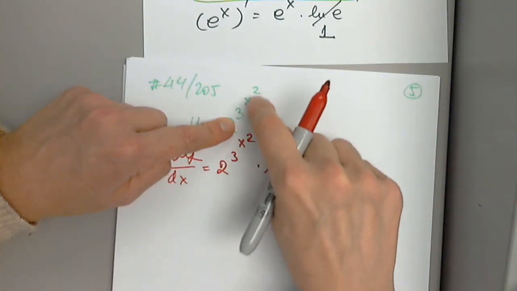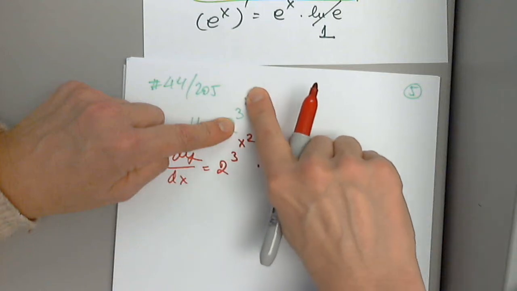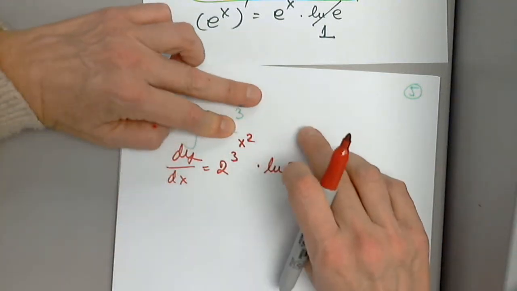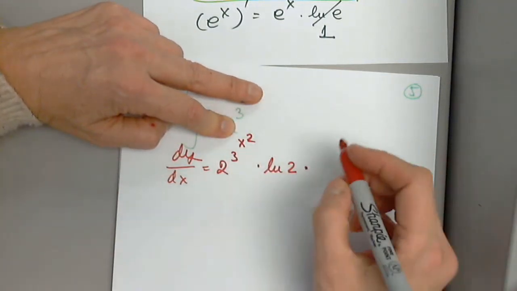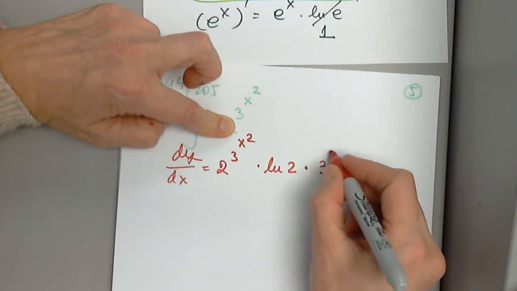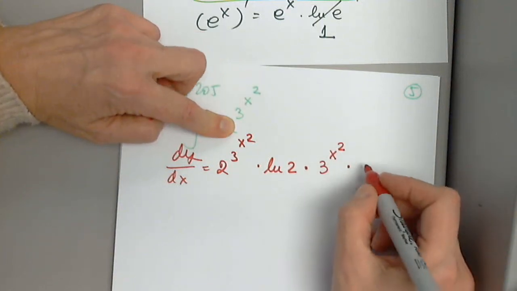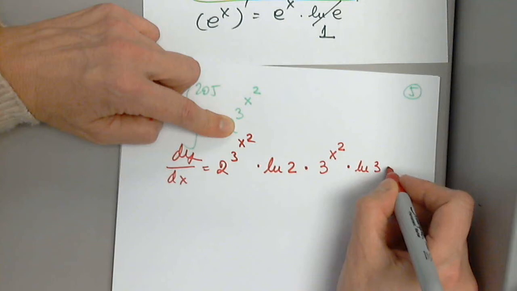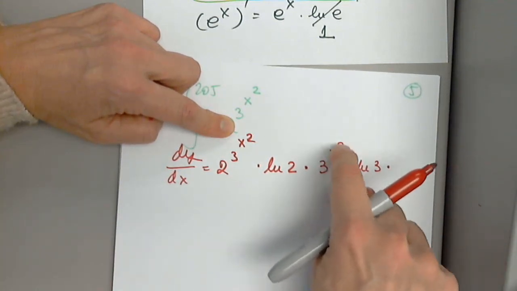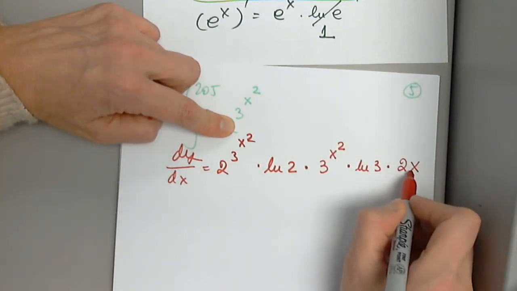But how do I differentiate 3 to x squared? Now forget about this. So now we have 3 to a power. So it's 3 to x squared times natural log 3, but times the inner function prime, 2x.